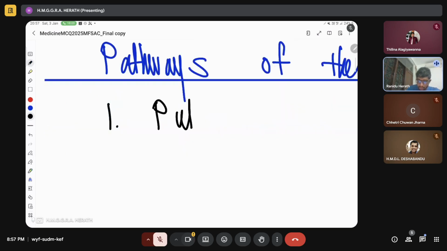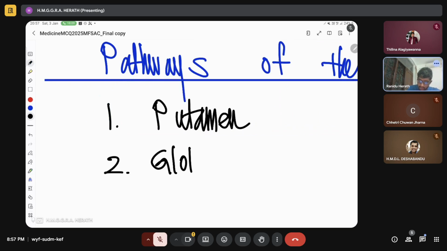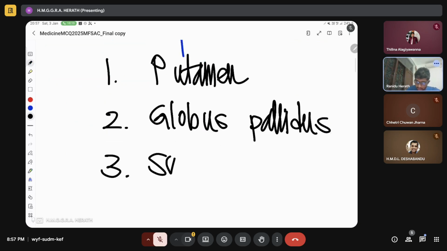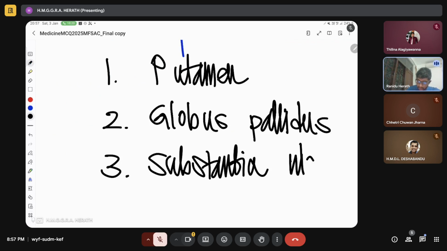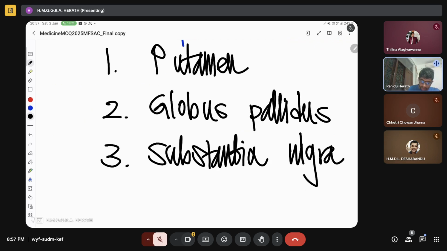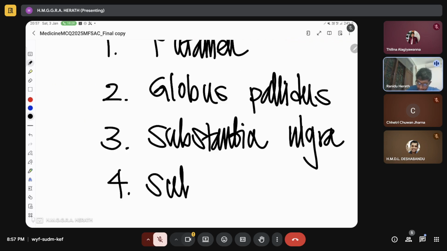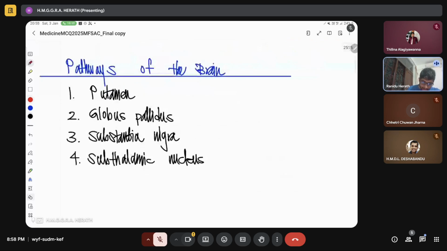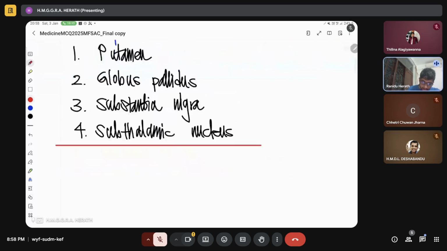There is something called putamen, and globus pallidus, and then substantia nigra, and I also said there is something called the subthalamic nucleus, right? So these are the parts of the basal ganglia system, and this system has dopamine as the neurotransmitter.